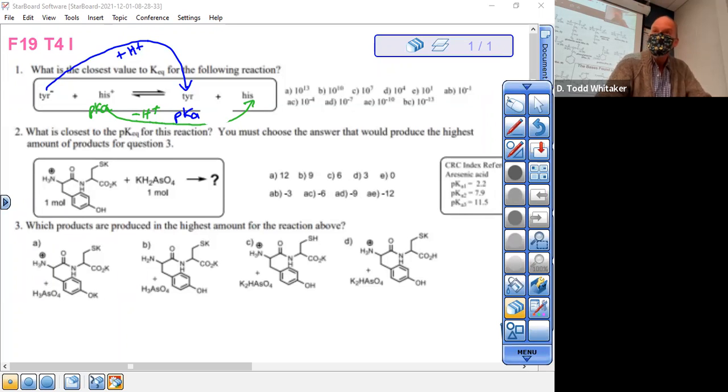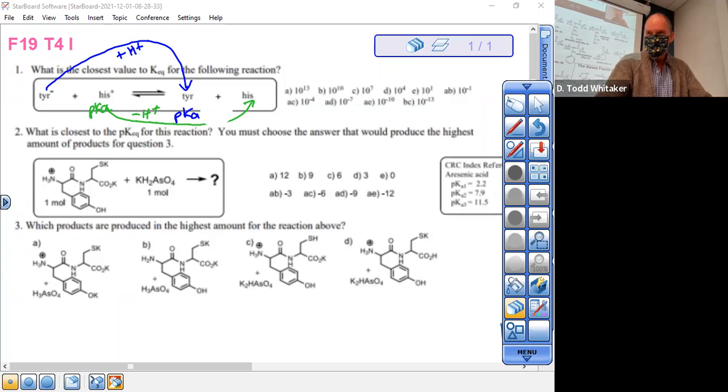This will not. Why? This is a better base. Why? pKb, 14 minus 6 is 8. pKb here, 14 minus, call it 2, is 12.